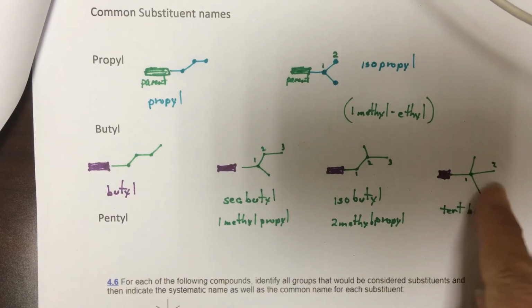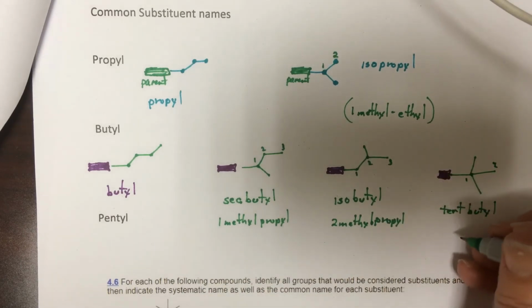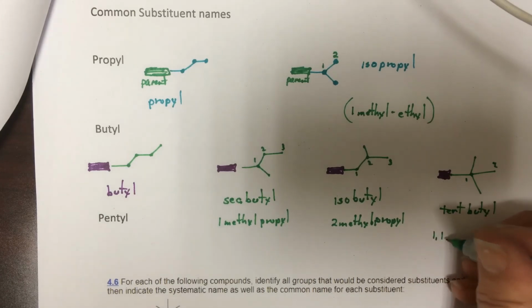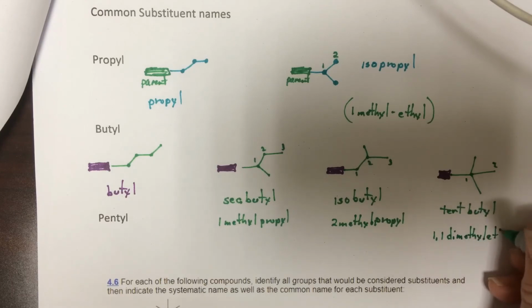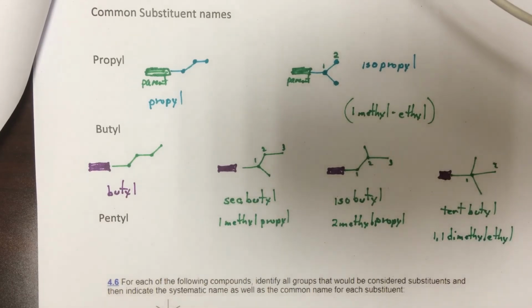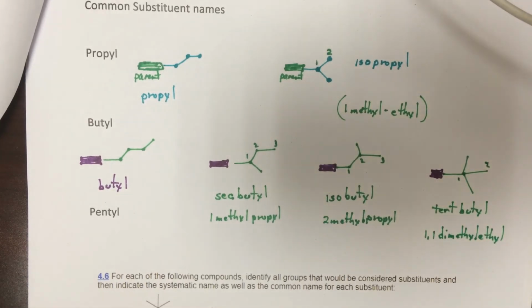So you have an ethyl that has 2 branches on it. So we call this a 1,1-dimethylethyl. But nobody calls it that. They just call it a t-butyl, is what they call it.